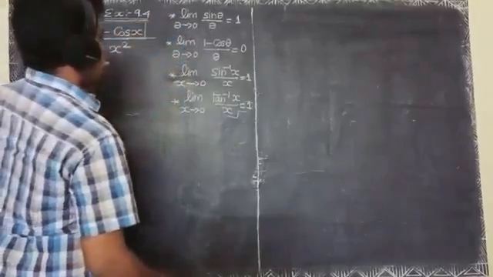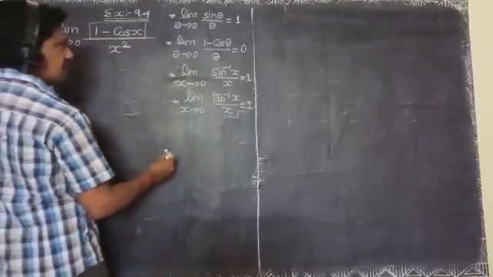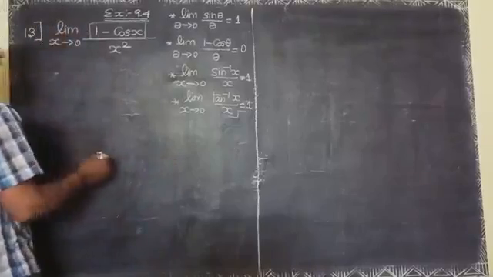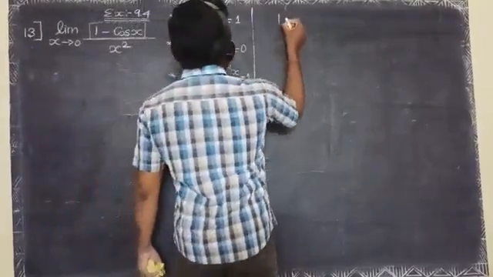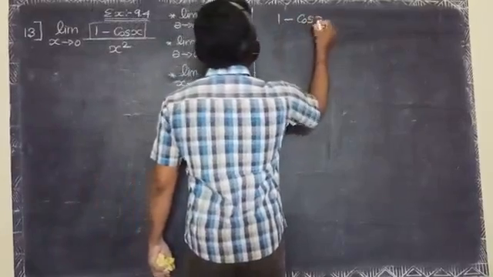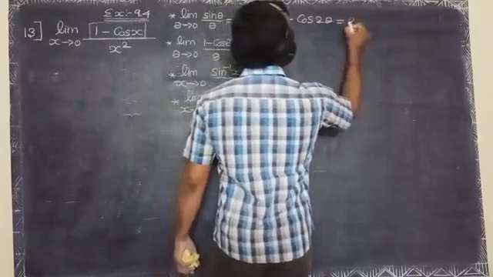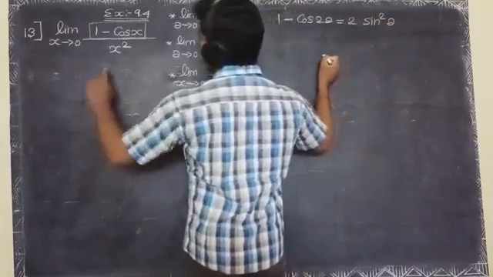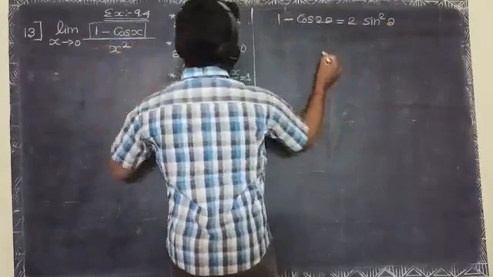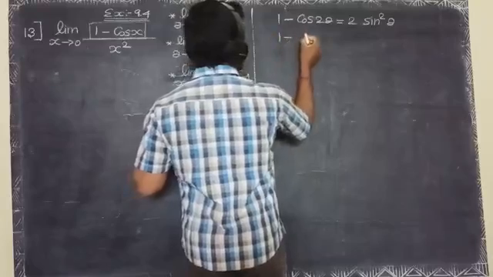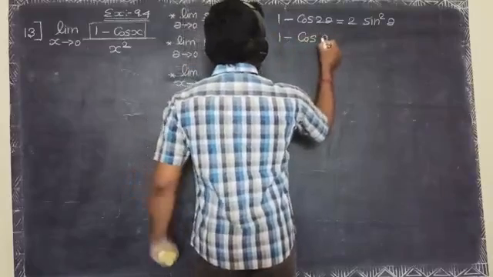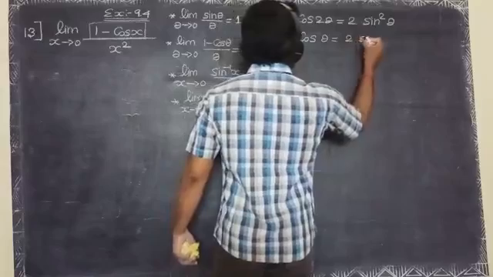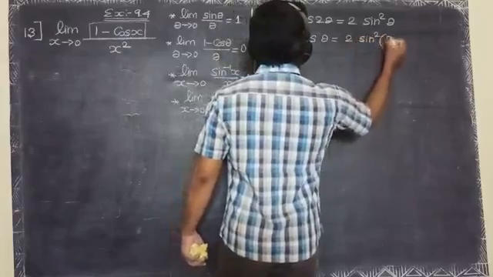In the trigonometry formula, 1 minus cos 2 theta means 2 sin square theta. Similarly, 1 minus cos theta means 2 sin square theta divided by 2.